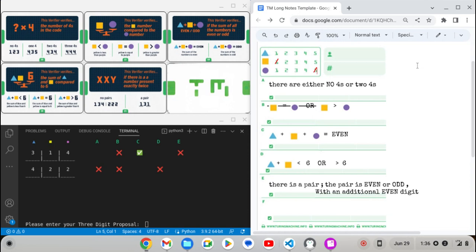Okay, so that means that the pair has to be triangle in either square or circle. But we still don't know if it's 2 4s or something else. So can it be all evens with 2 4s?